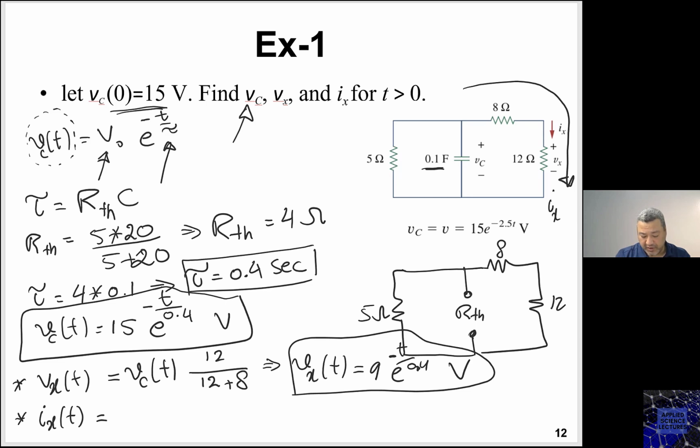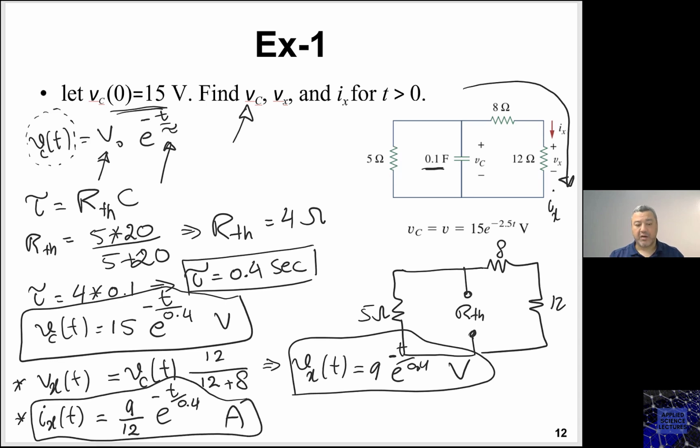So this is going to be 9 divided by 12 e to the power minus t over 0.4, and the unit here is ampere, right? The unit is ampere. So keep in mind that Ohm's law is also applied in our circuits here.